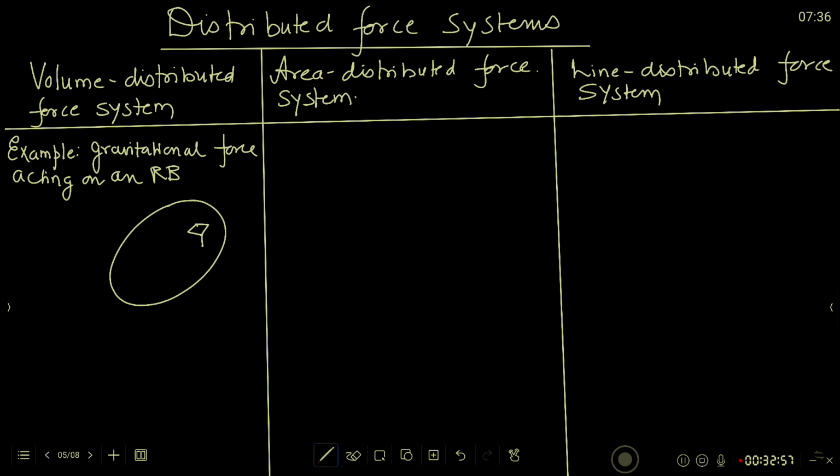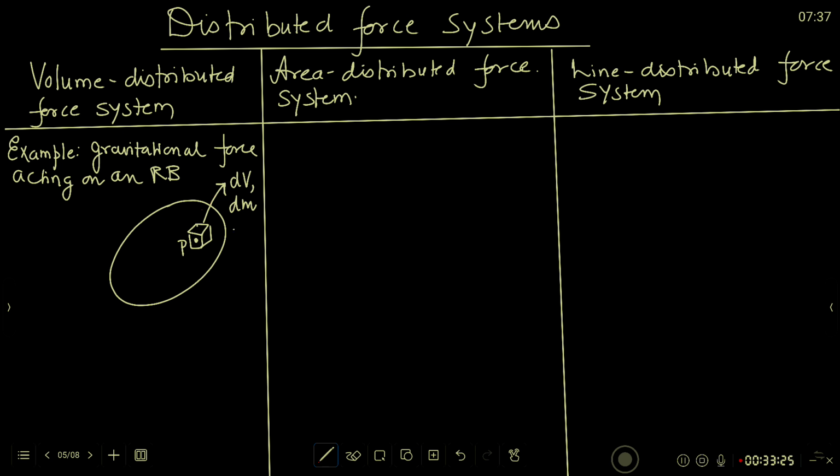Let's consider a small chunk of mass which is in the neighborhood of this particle P. Let this small chunk of mass have volume dV, right, and its mass is dm.